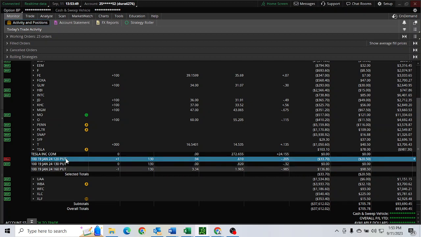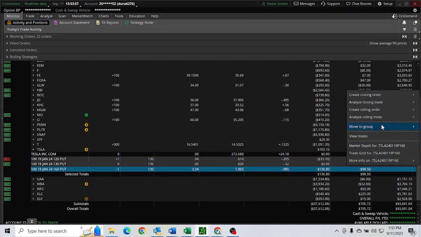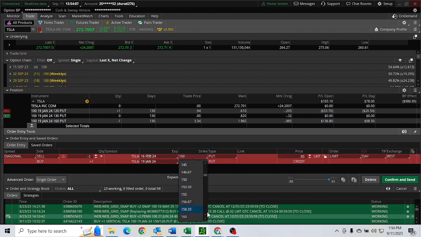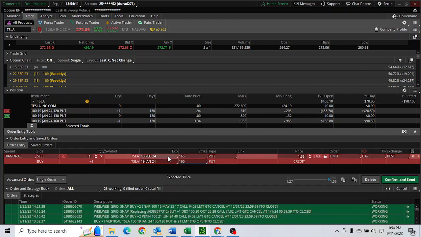So see how I have this buy and sell here? This doesn't trigger, I'm still at the 120. And then I just won't get the 130. But let's create a rolling order for this here. I'm going to buy back the 160 and I'm going to sell the 165. Boom. But instead of February, let's do it for January again.